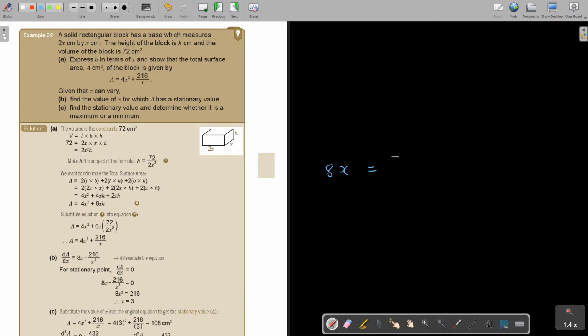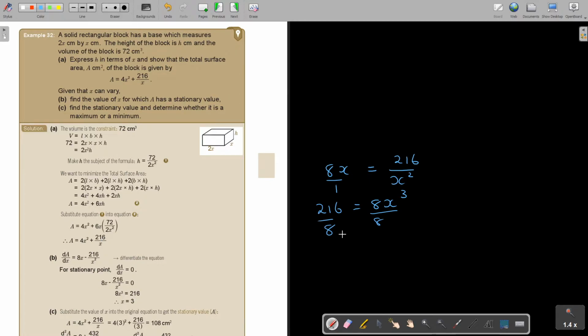Take that one over, 216 over x squared. Put it over 1. So it was 216 equals 8x cubed. And then, this is what I got there. Do you see? And then I just divide by 8, and then I just take the cube root.